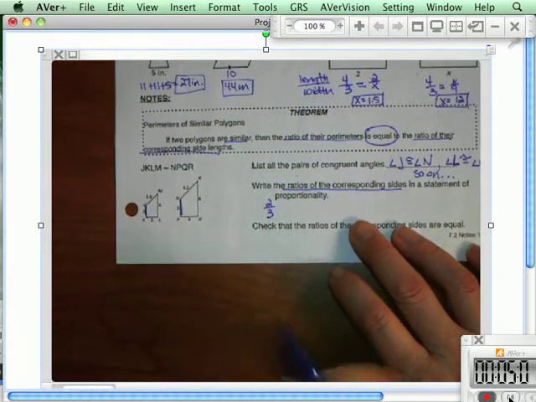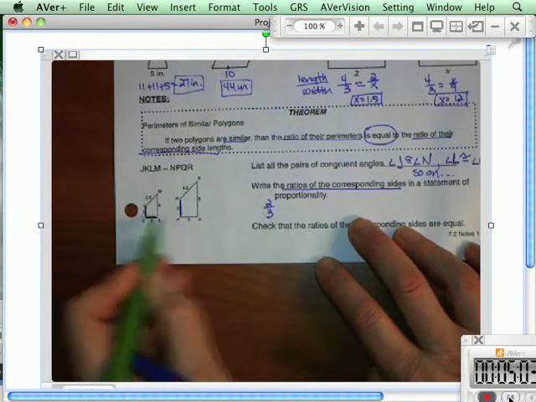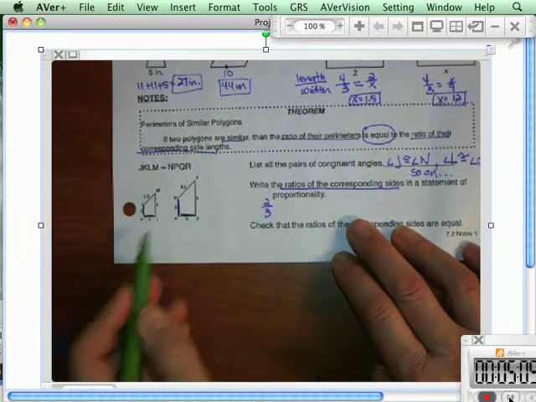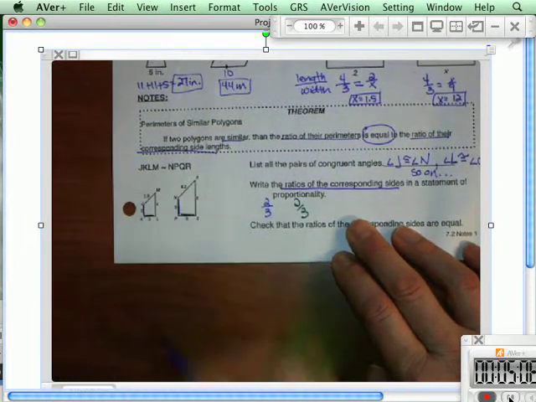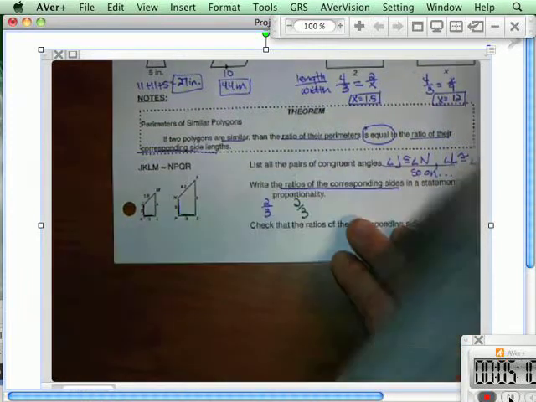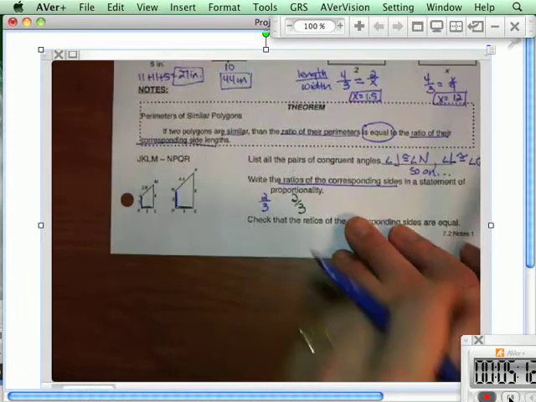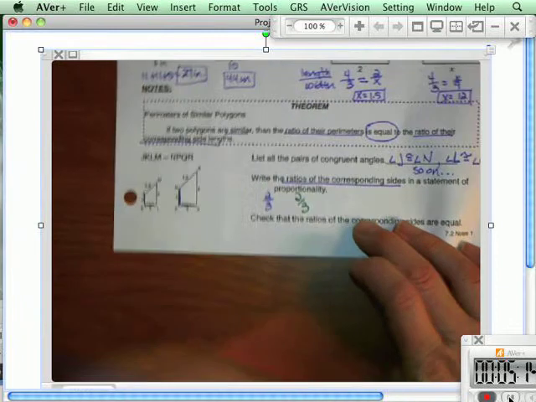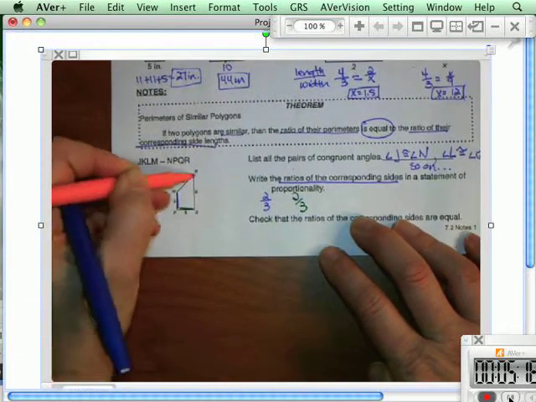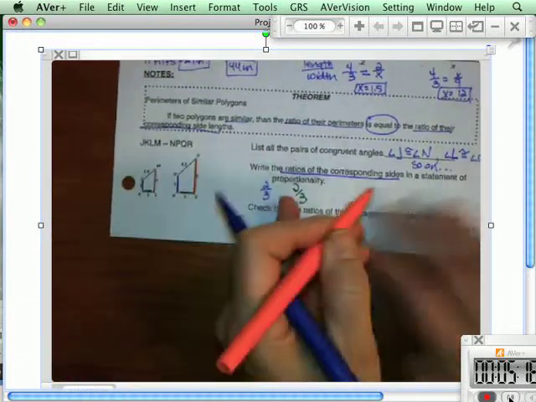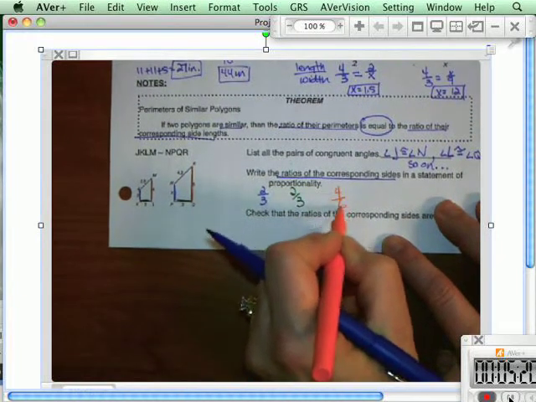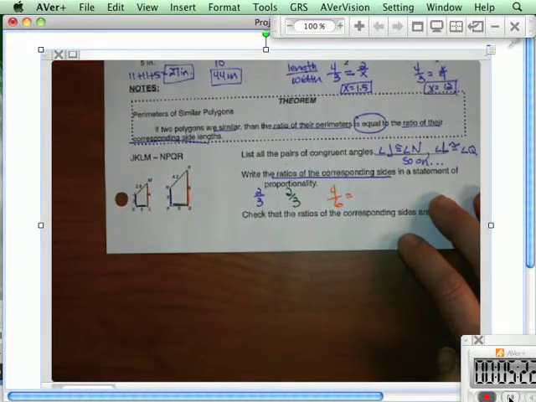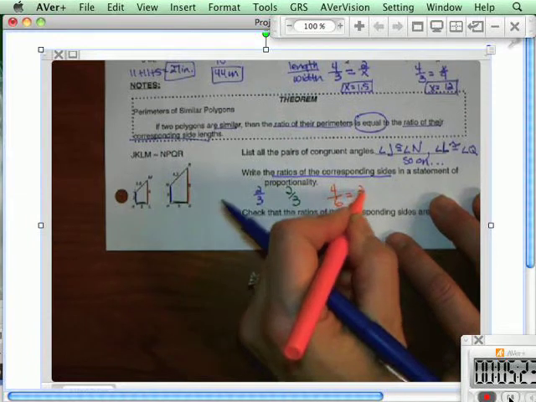Okay, if I'm talking about KL to PQ, that's also 2 over 3. Look at that. If I'm talking about LM to QR, 4 over 6, which reduces to what? 2 over 3.